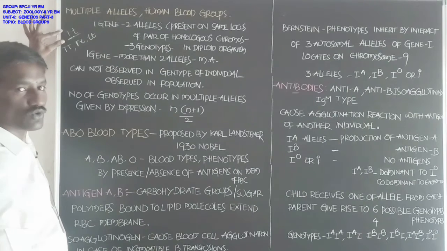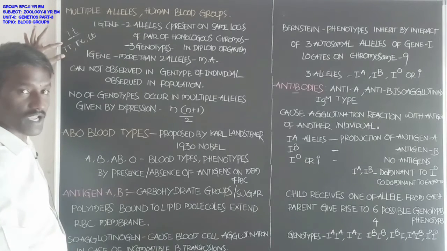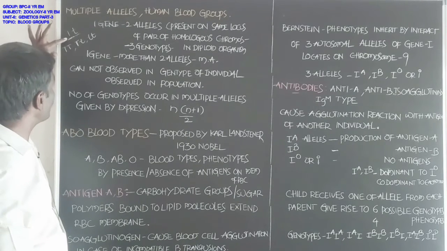One gene with two alleles gives a possibility of three genotypes. These are the alleles, these are the genotypes, three genotypes.